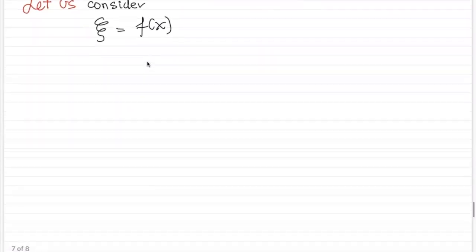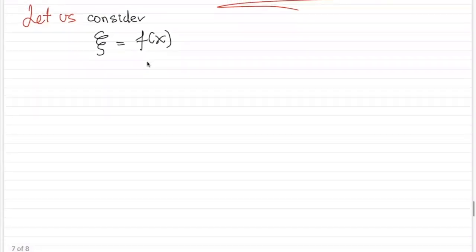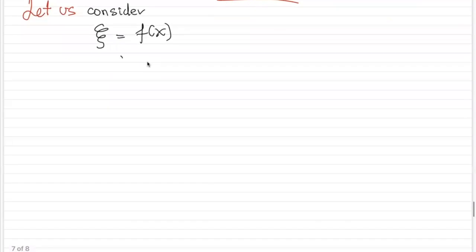And first, let us consider this function z equal to f of x. The graph of this function looks like this.